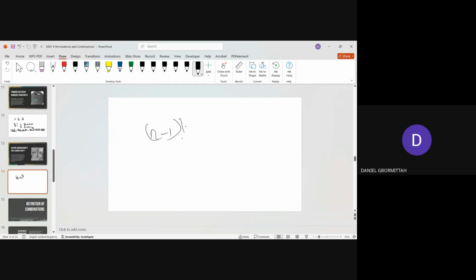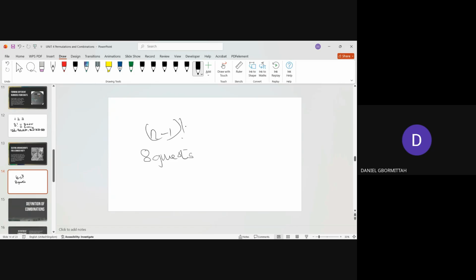That's the formula. So if there are 8 guests and you want to arrange them on a round table, that's what we are saying here, not on a bench.